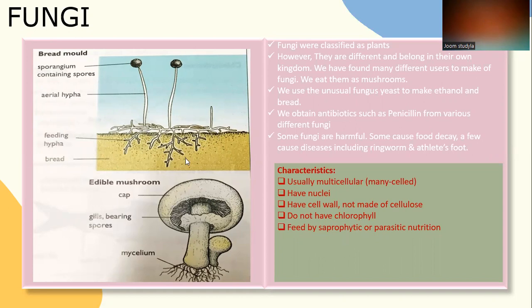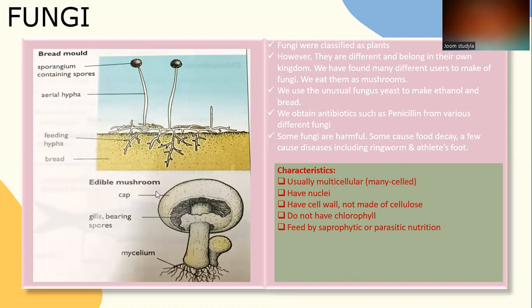In the sample of fungi, you see a sporangium containing spores and aerial hypha. This is the root part, where you have the feeding hypha. This is what you can see through the microscope of bread mold, what is actually on your bread when you eat bread which is already expired. So fungi is actually a layer on top of your bread.